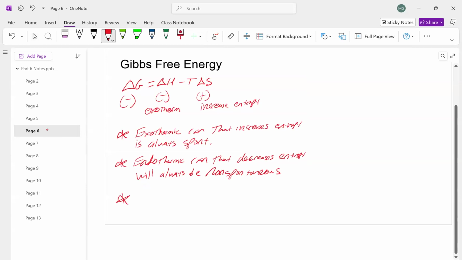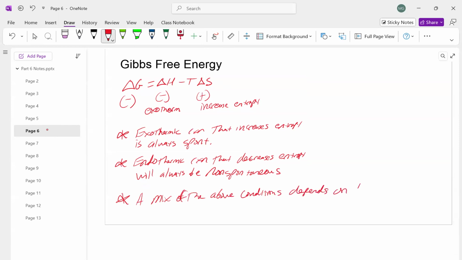So what about everything in between? A mix of the above conditions depends on T to make the reaction spontaneous or non-spontaneous. What I mean by that, for example, is an exothermic reaction, right?